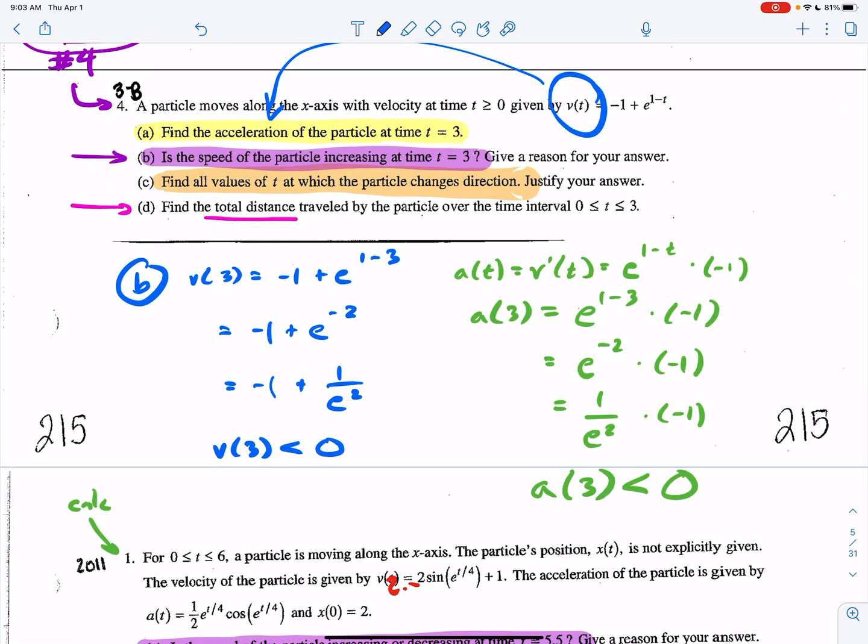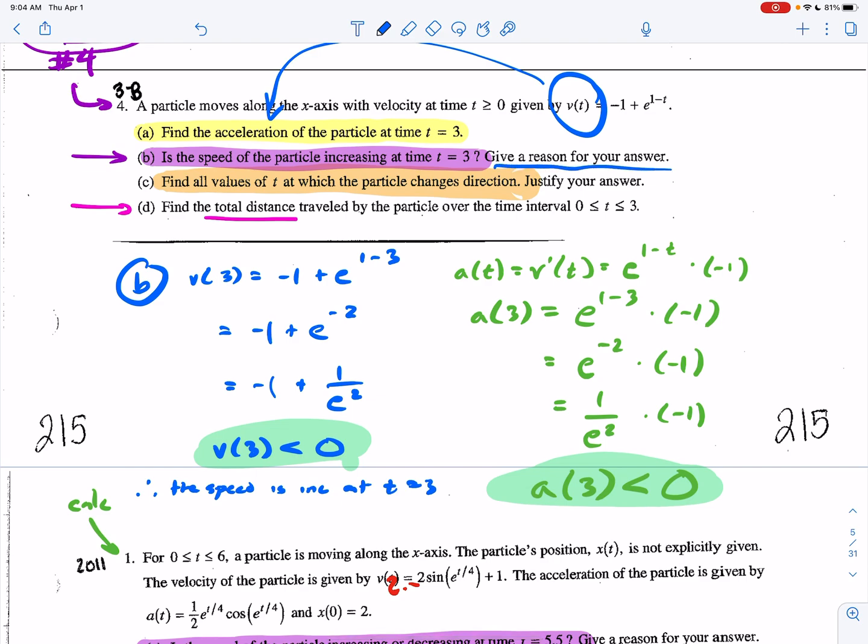So, based on these two facts, what can you really conclude, right? So notice how they're both negative, so what does that mean? Since they share the same sign, you know that the speed is increasing. So you're going to say, therefore, the speed is increasing at t equals 3. And it says, give a reason for your answer.